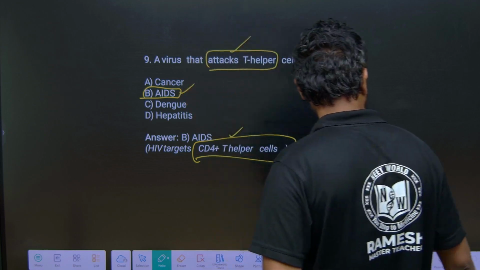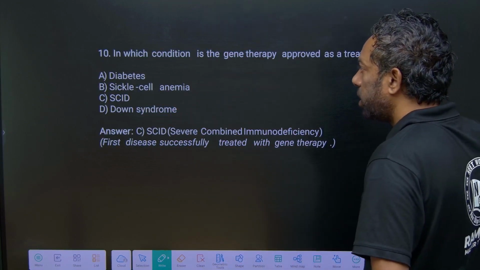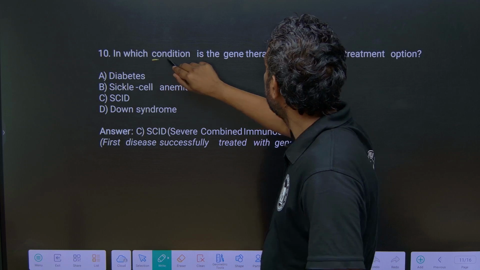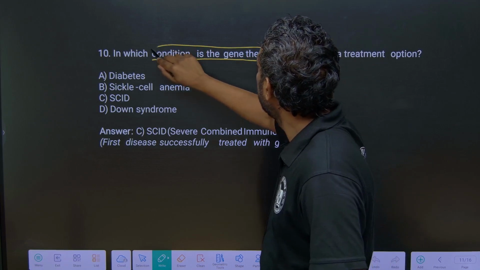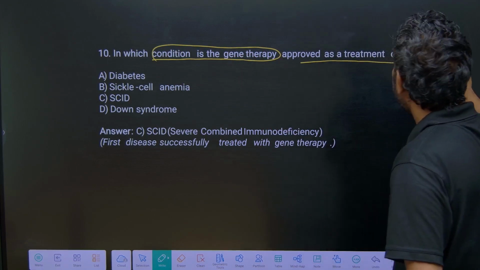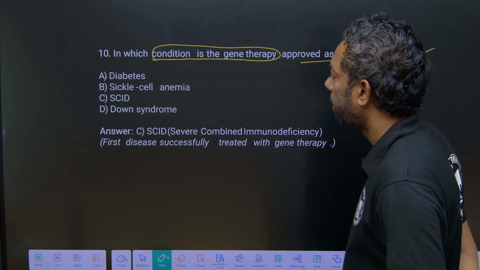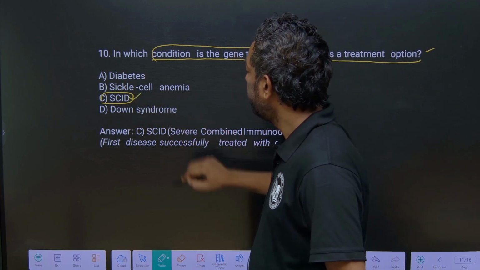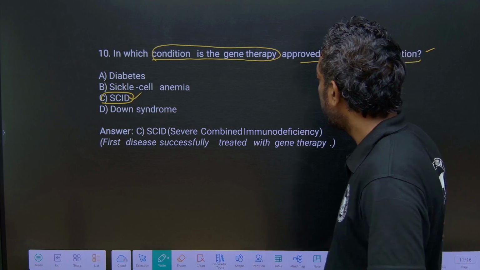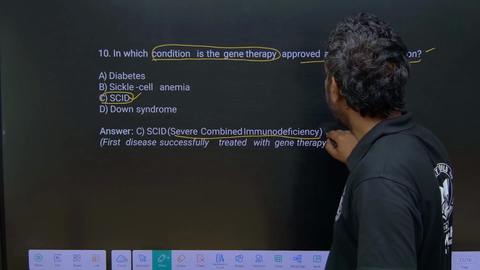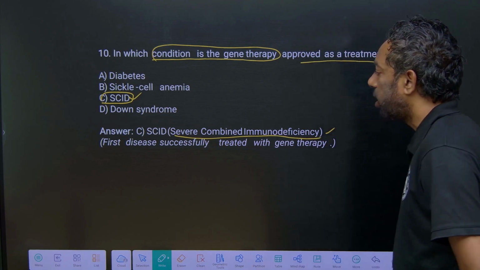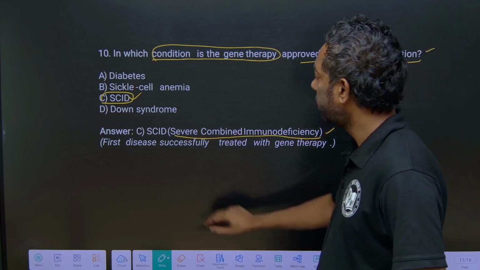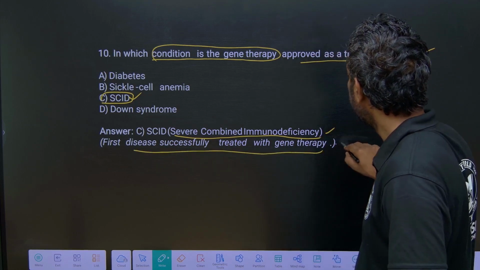If we come to the next question, for which condition is gene therapy an approved treatment option? Gene therapy for SCID, severe combined immunodeficiency. It was the first disease successfully treated with gene therapy.